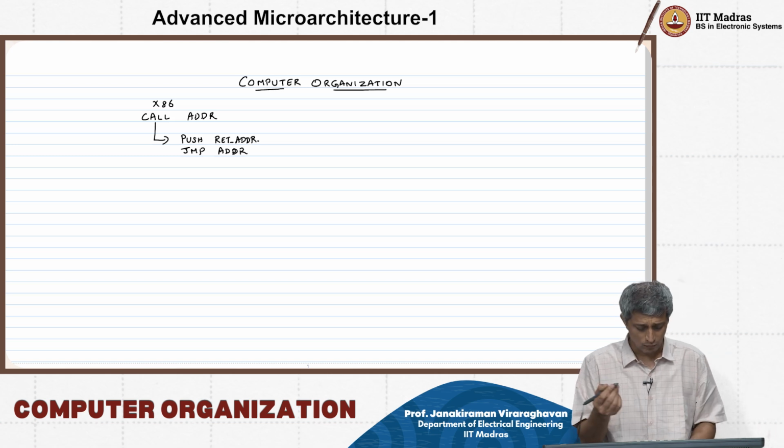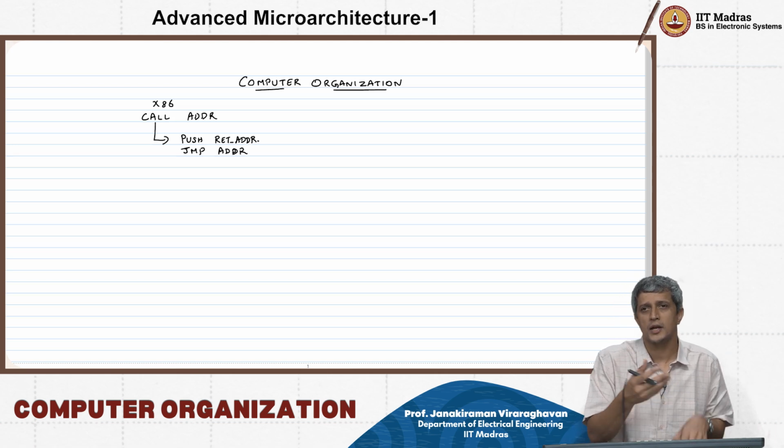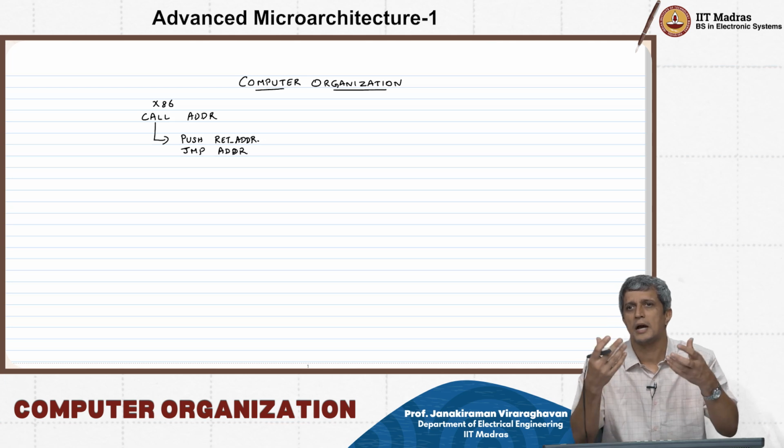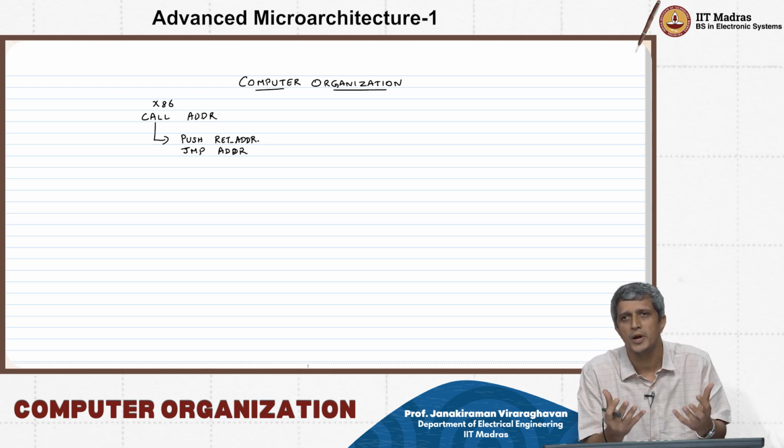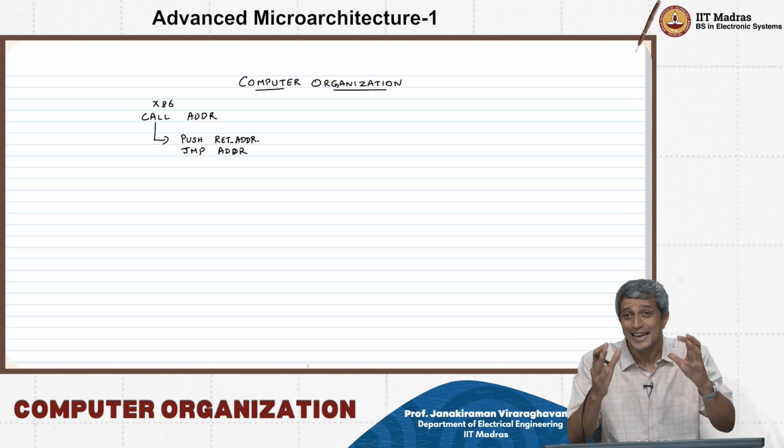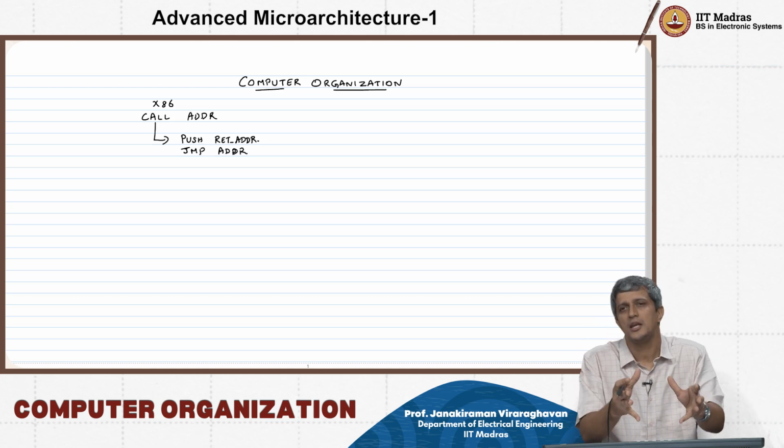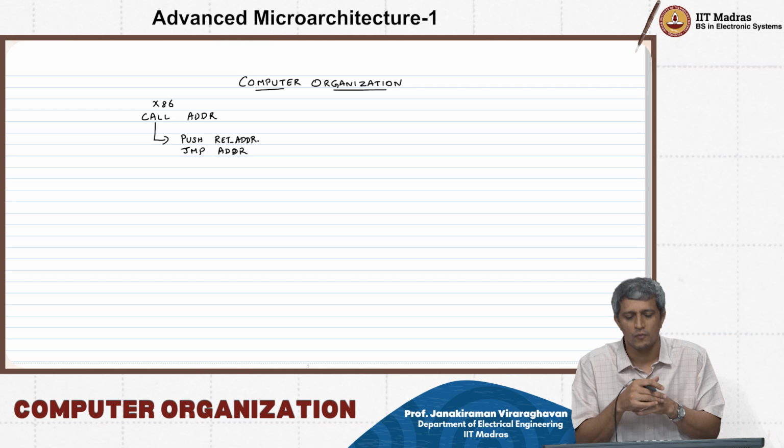Now, if you want to just analyze what it would take to implement this instruction as an absolute instruction in the RISC-V processor, what are you trying to do?